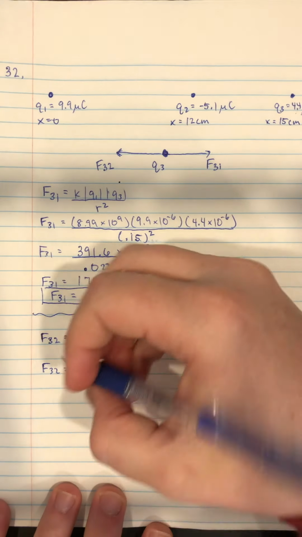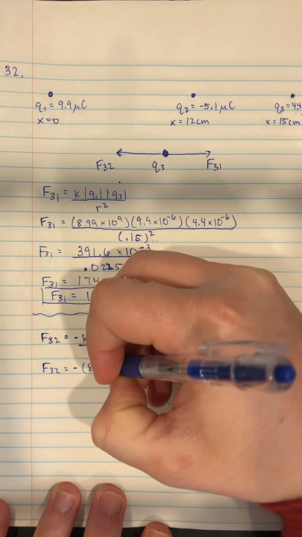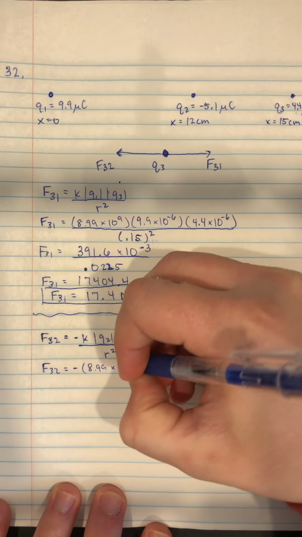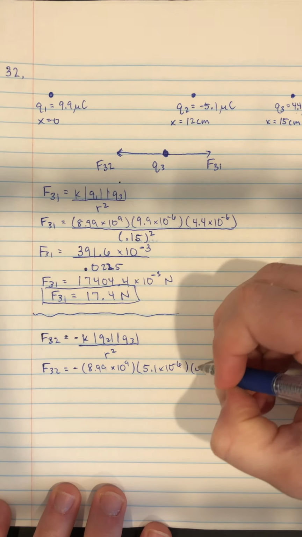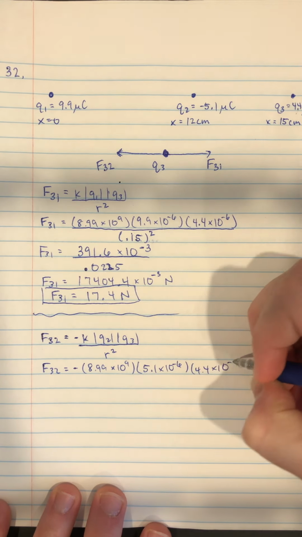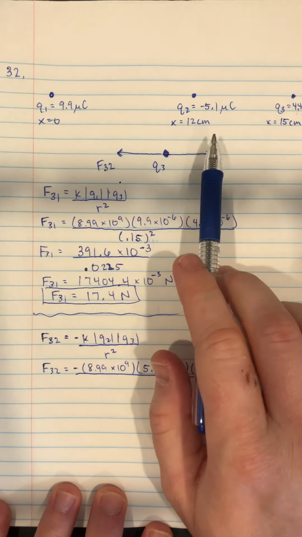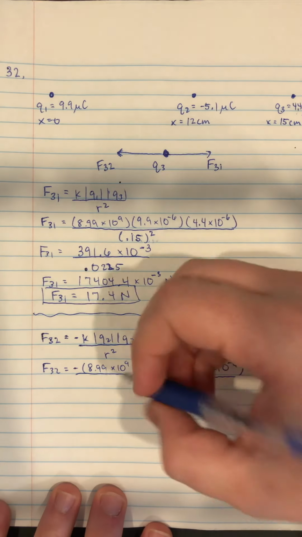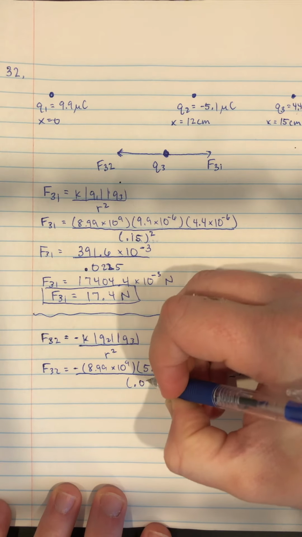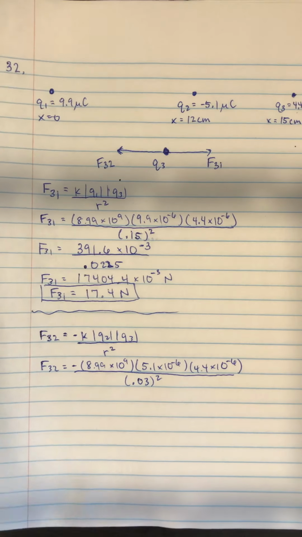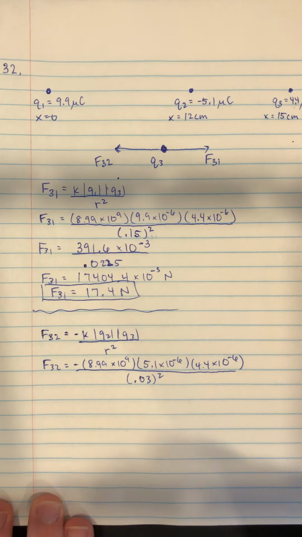Equals negative 8.99 times 10 to the 9th times 5.1 times 10 to the negative 6th times 4.4 times 10 to the negative 6th, right? That's Q2, it's microcoulombs, divided by the distance here from 12 to 15 is 3 centimeters, so 0.03 squared. And let's do this math.